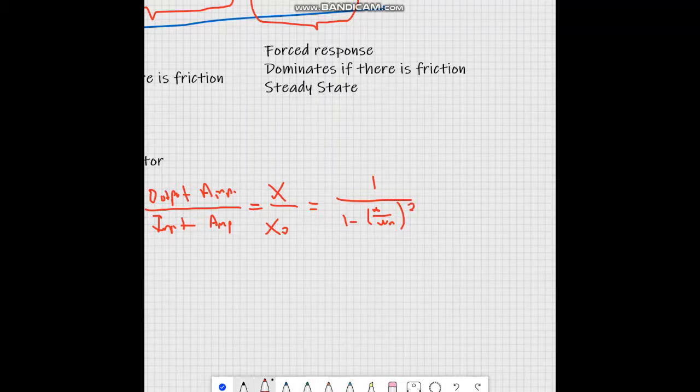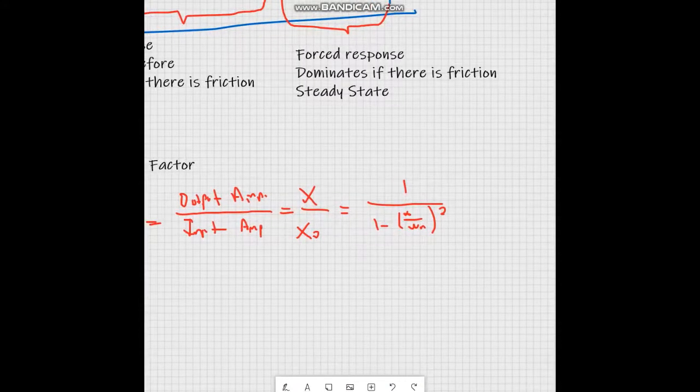So this is the magnification factor, how we calculate it.